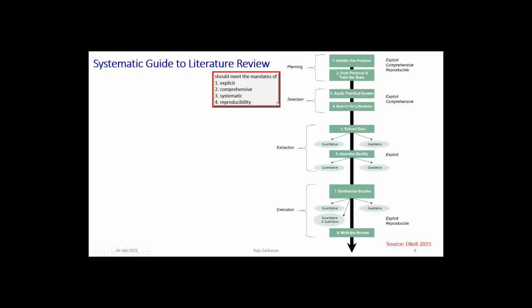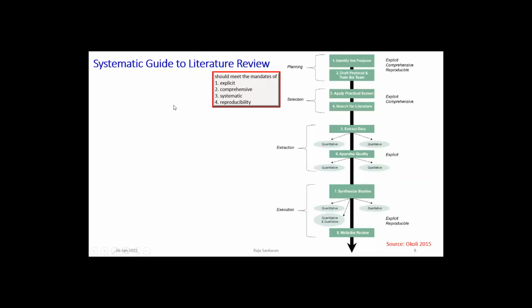Then how do you ensure that you search for the literatures? So you have some selection criteria. Then you extract those results, identifying whether they comply with the scope of your study or not. Then you go into synthesizing them and writing, making use of some of the statistical tools we have gone through in the past couple of days in order to produce results, and then eventually writing a review.